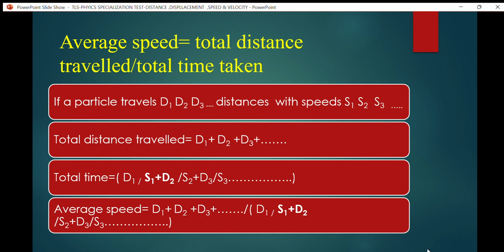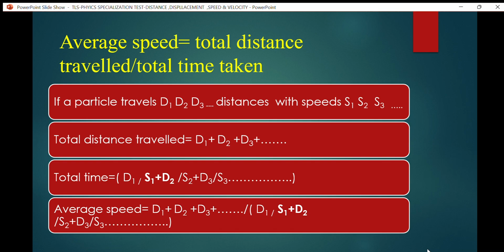Suppose one particle travels distances d1, d2, d3 in the first 1 second, or next 1 second again. So they are traveling d1 distance in time t1, d2 distance in the next time t2, d3 distance in the next time t3, with the speeds s1, s2 and s3.